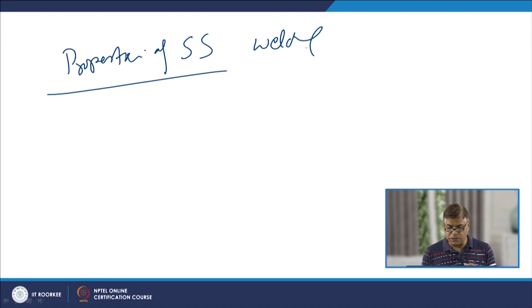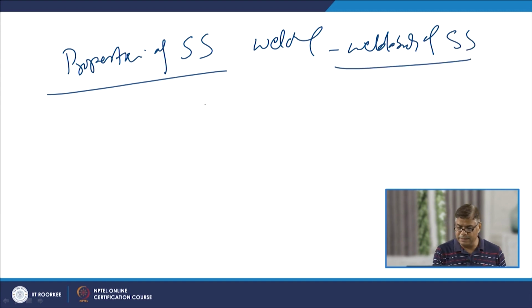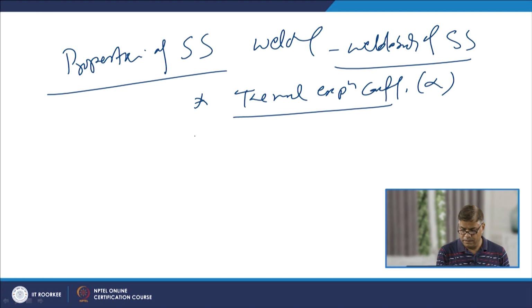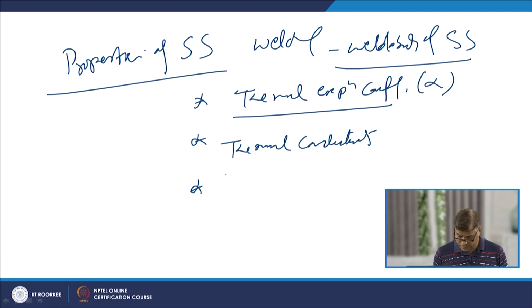There are three main properties which significantly determine the weldability of the stainless steel: thermal expansion coefficient alpha, thermal conductivity K, and electrical resistivity rho.